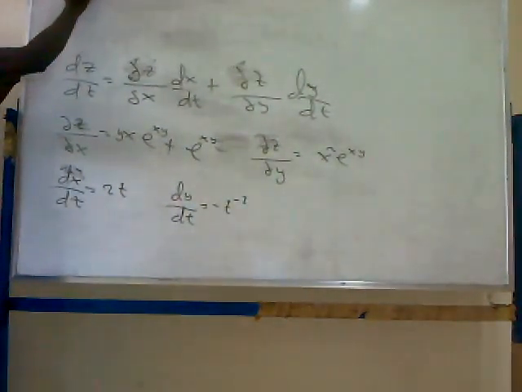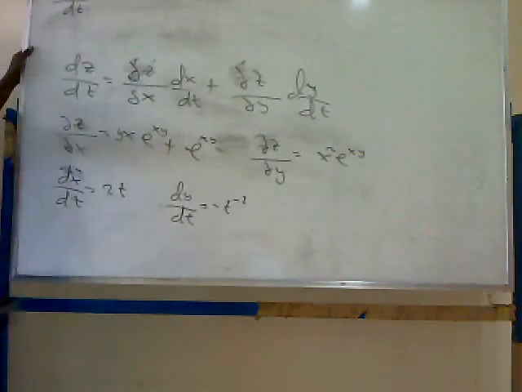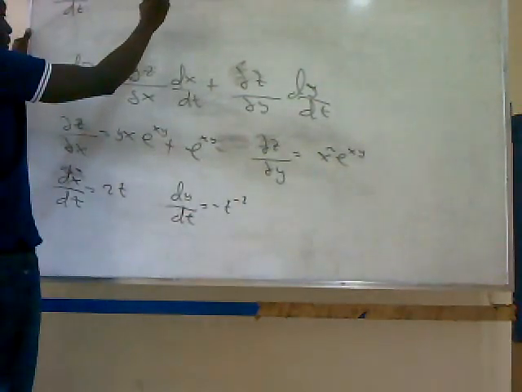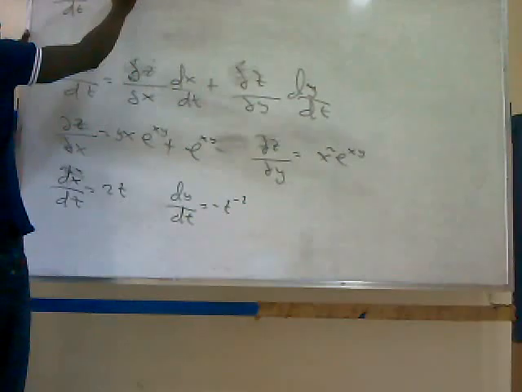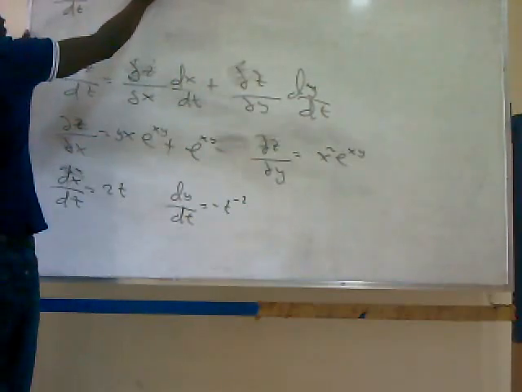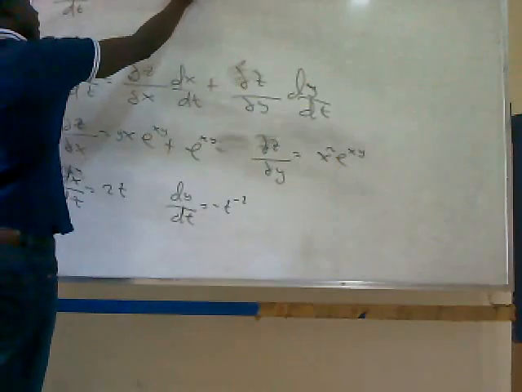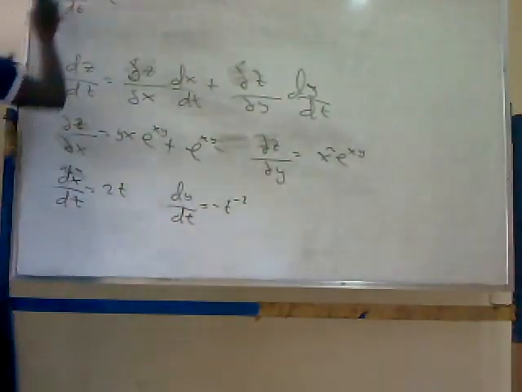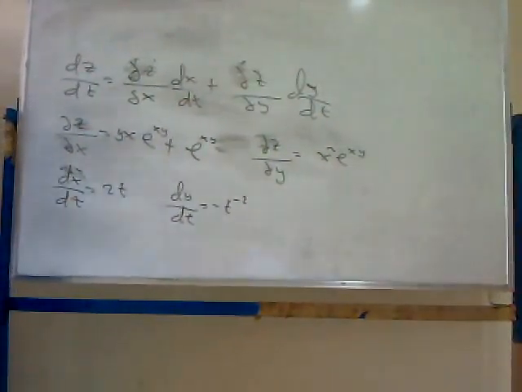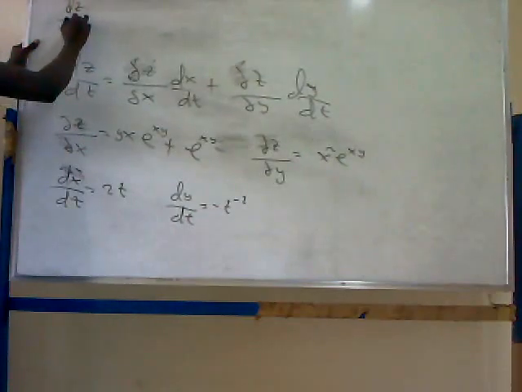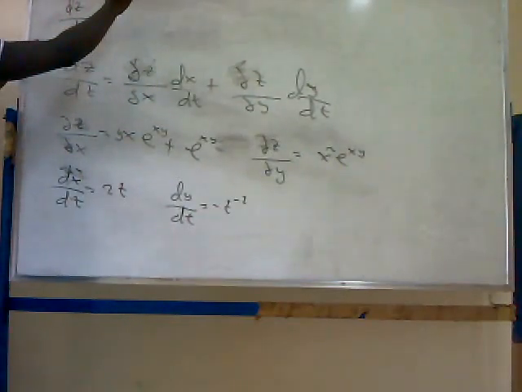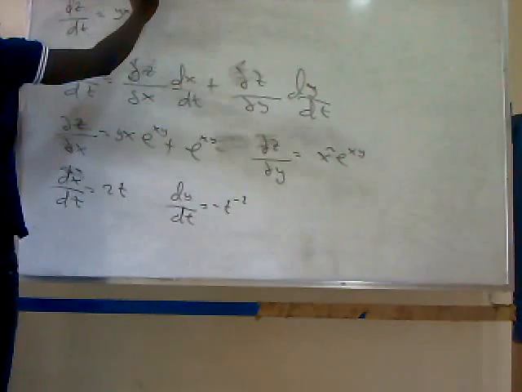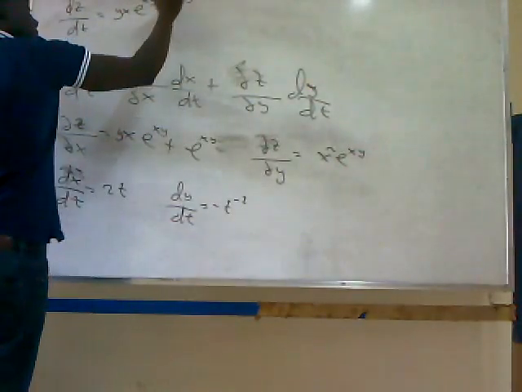So dz/dt is equal to del z/del x, which is yx e^(xy) plus e^(xy) multiplying, you can't see at the top, sorry. dz/dt is equal to del z/del x, which is yx e^(xy) plus e^(xy).